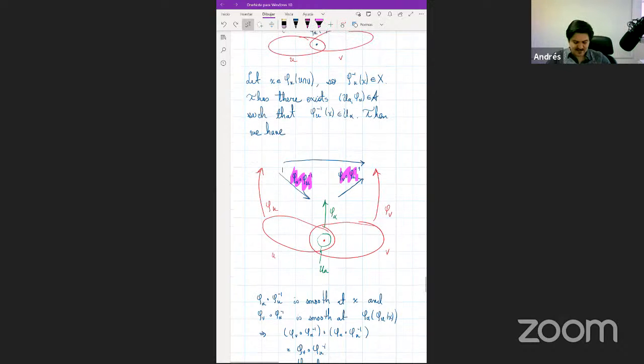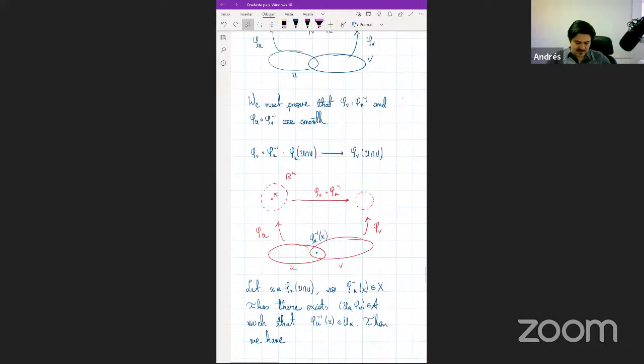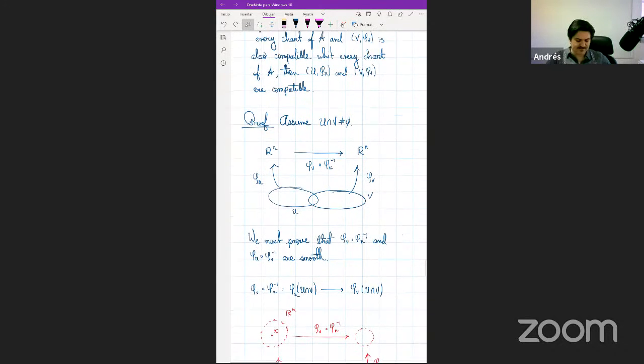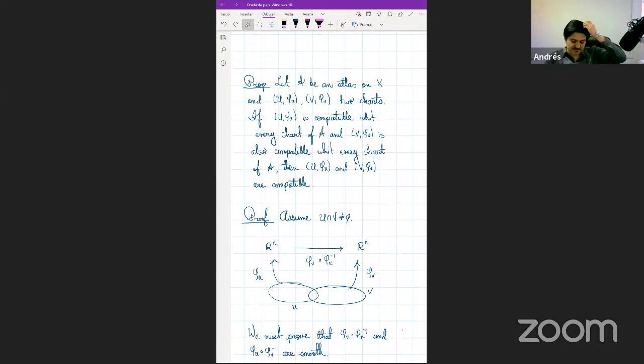Muy bien. A ver, ¿cuál es ahora la idea de este resultado? Yo ya tengo un atlas que cubre a M, eso ya está cubierto. Lo que nos está diciendo es que al atlas le puedes agregar más cartas que son compatibles.